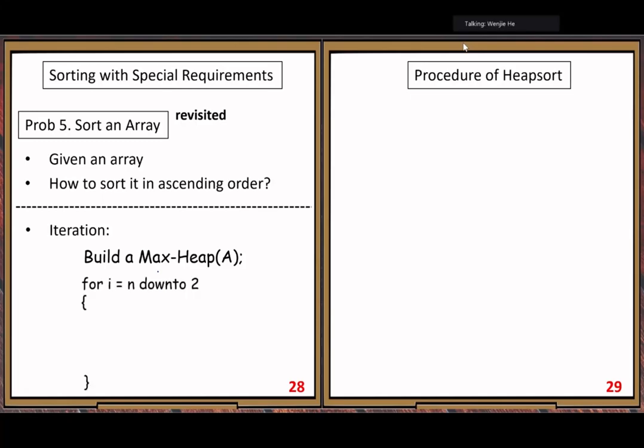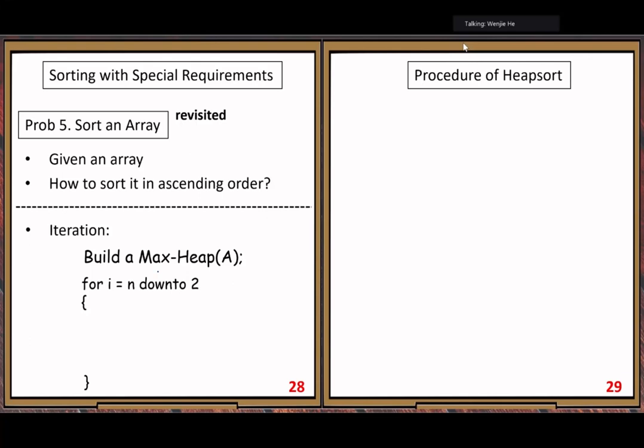After that, we run a for loop with iterations from n down to 2. The first time we put our first element in place, our heap size is n, so i equals n.